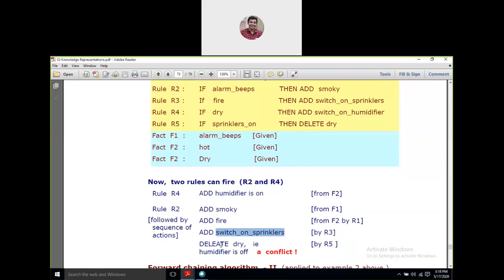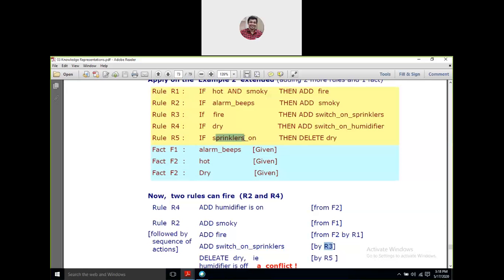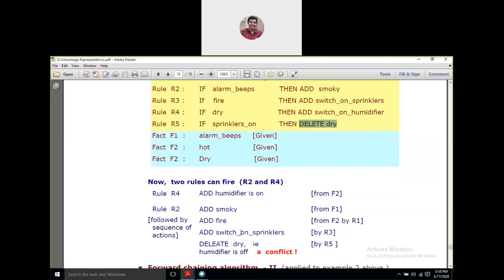Now, the moment the sprinklers are on, as you can see here by R3, you have to remove another thing. That means you have to delete something. That means dryness. So the moment the sprinklers are on, you have to delete this fact that is there in our working memory.